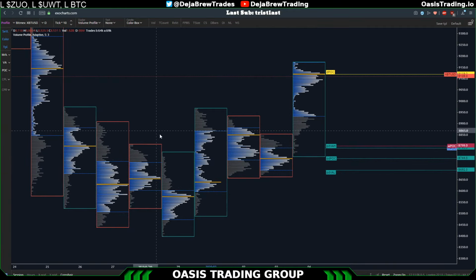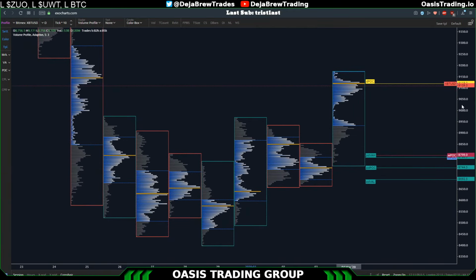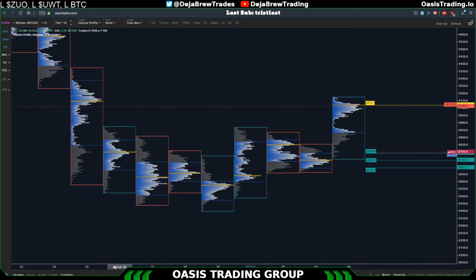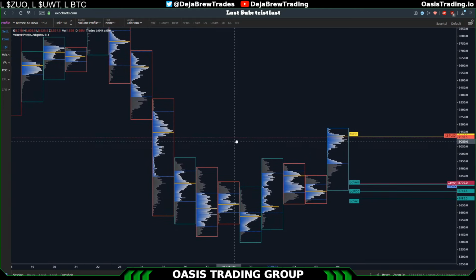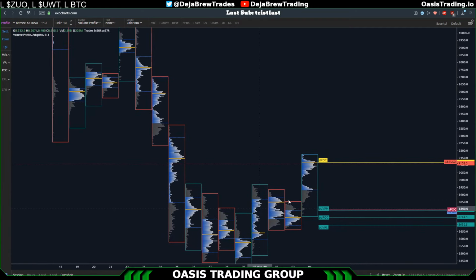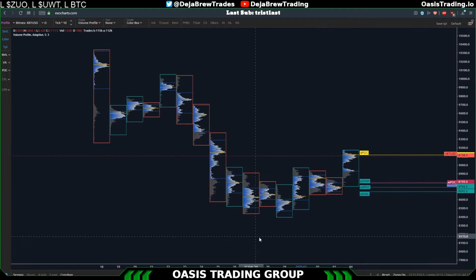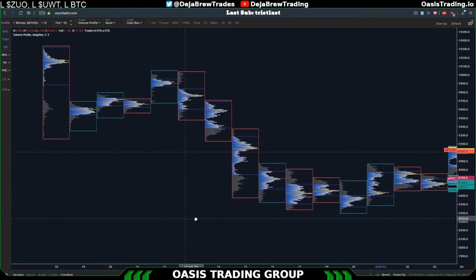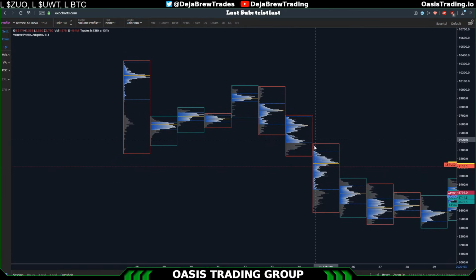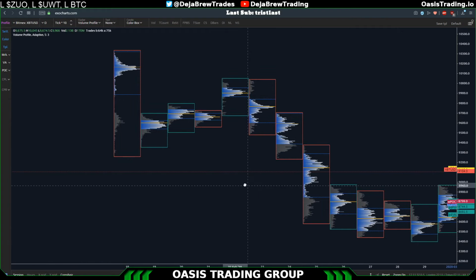Okay. Now, the same can be said for resistance, right? So if we're pushing higher here, and this continues to push up on Bitcoin, where you want to start looking for resistance is wherever that prior value was. So if we're looking at this previous range here, I don't know why my chart's all messed up. Here we go. Let me fix it a little bit.